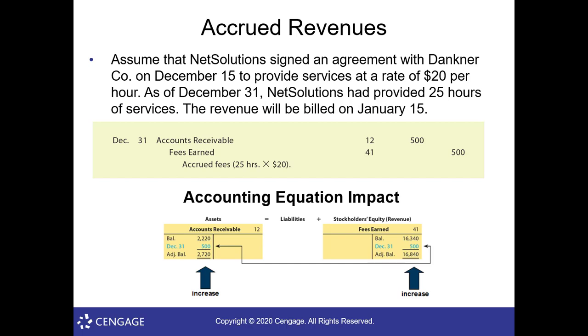So we signed an agreement to provide services at a rate of $20 per hour. At the end of the month, we have provided 25 hours of service, so we multiply that by the $20 per hour. We get $500 worth of accounts receivable and take the fees earned of $500.